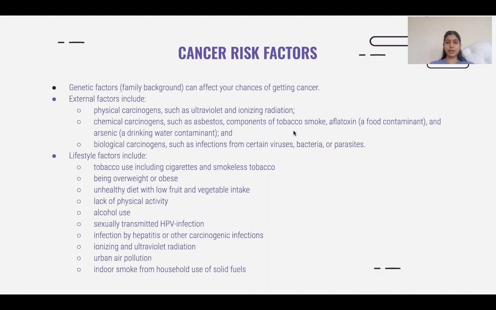The big thing to note here is components of tobacco smoke. That is a carcinogen. And arsenic, which can contaminate drinking water as well. And then also there are biological carcinogens, which can be infections from certain viruses, bacteria, or parasites.